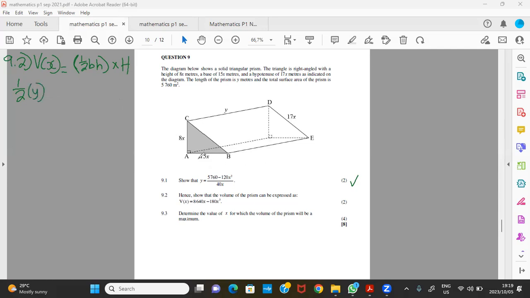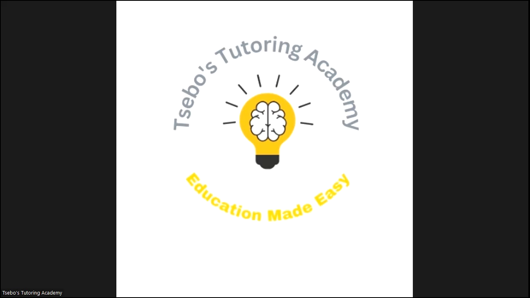And then what is my height? 8x. And then what is my full height? Okay, on full height 8x, I think. No, it's not going to be 8x again.